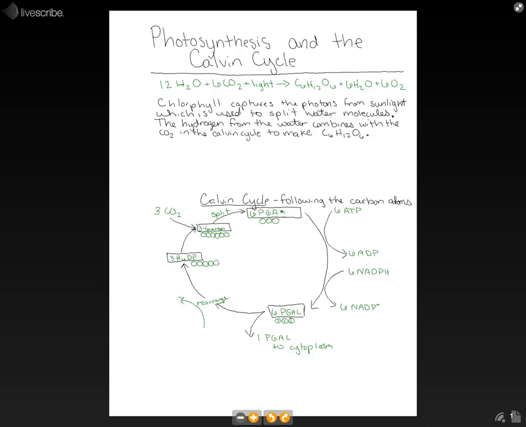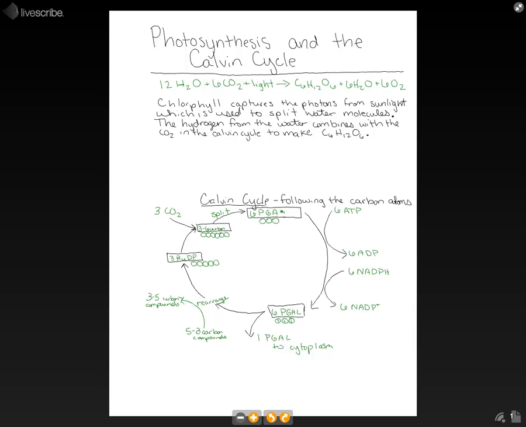And we'll kind of illustrate this like this. So we have 5 3-carbon compounds to 3 5-carbon compounds. And those 5-carbon compounds are RuBP.